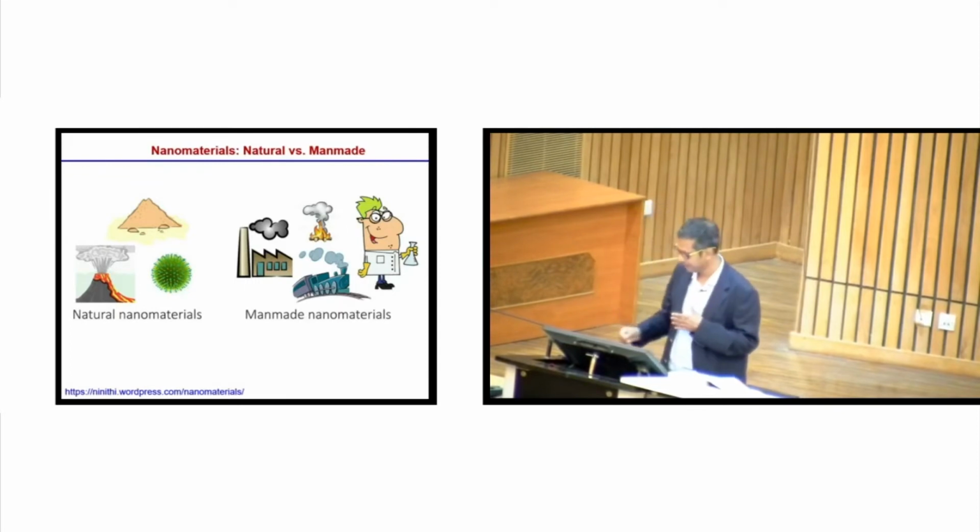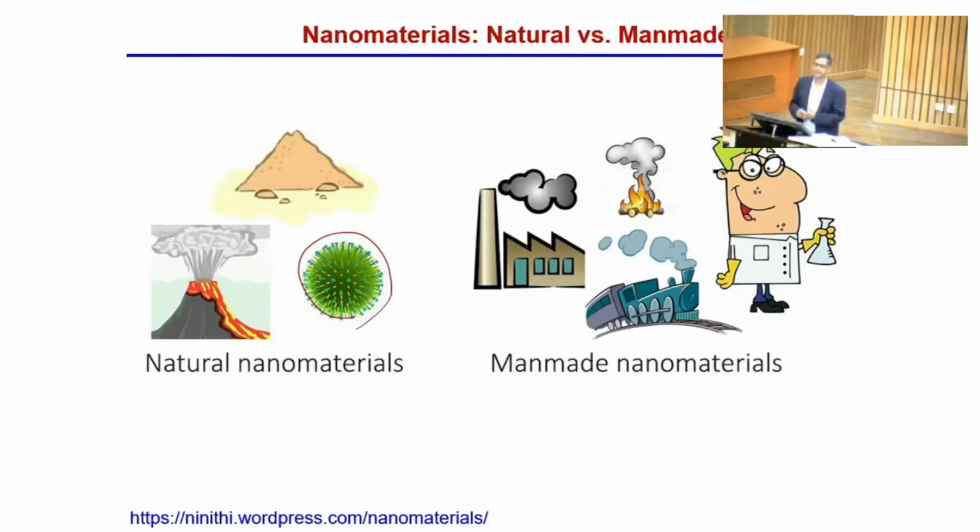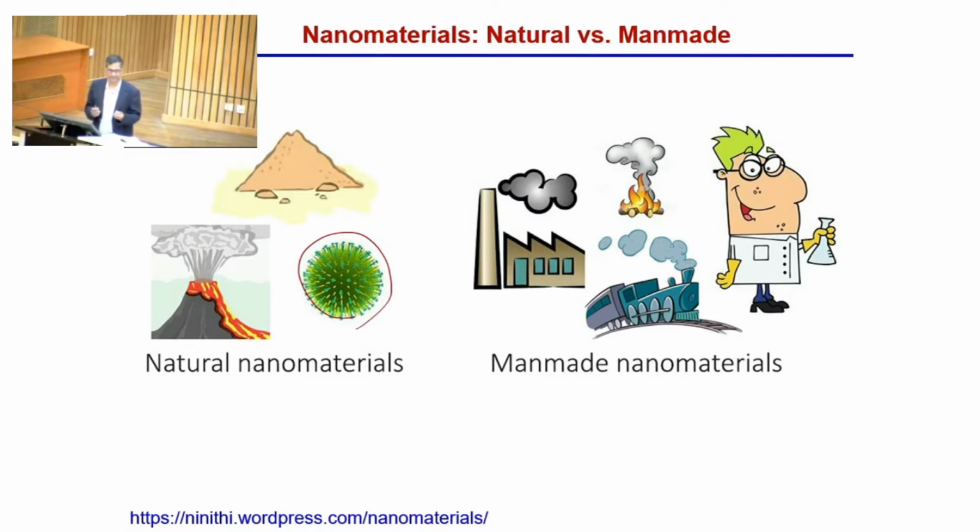Okay. Then you see this is the virus, this is the coronavirus, right? They exist in nature. Then you can also have dust, right? Dust, sand, they can be there, in that there will also be small nanoparticles, but they are not so bad as compared to human made. What are these?